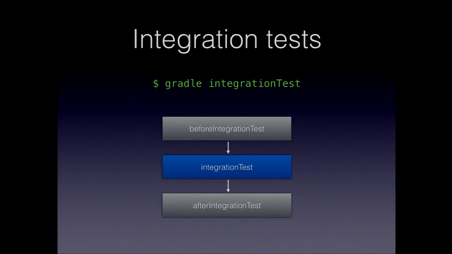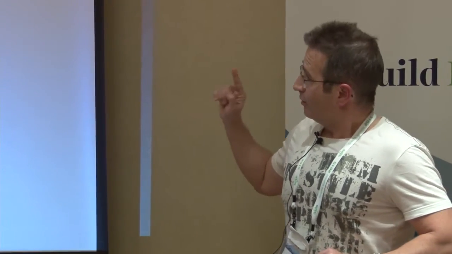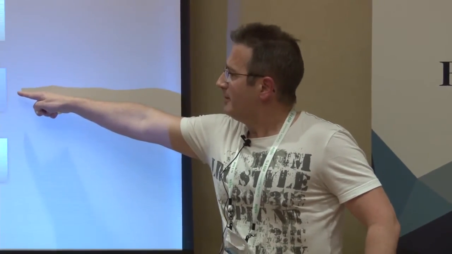Then what part of the labor is on the Gretty side? Gretty generates two tasks, before integration test and after integration test. All it does is simply start the web container and stop the web container. And Gretty does it unobtrusively. You don't have to do anything. You simply implement this task and invoke it on the command line. That's it.